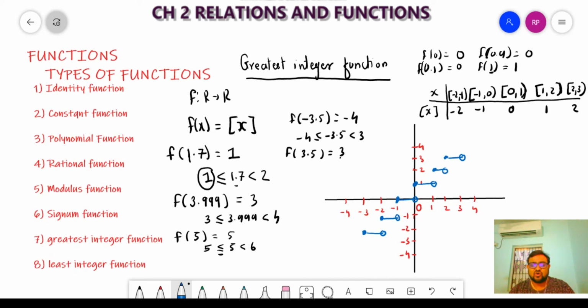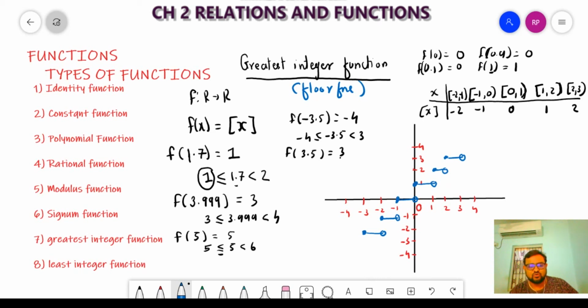Clear? This is also called floor function. Because we are taking its bottom value, the bottom integer. So this was about greatest integer function.